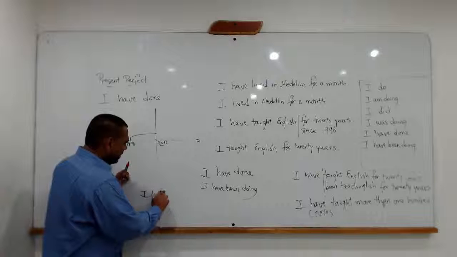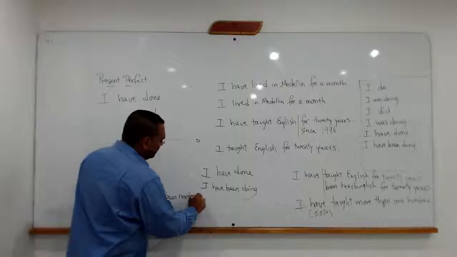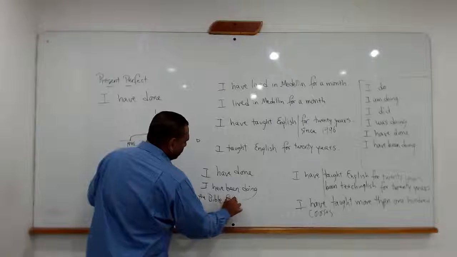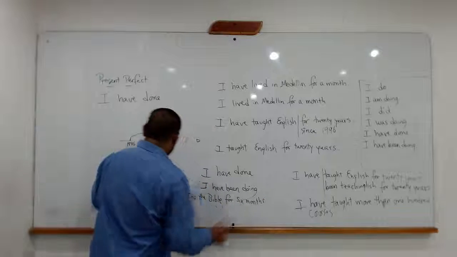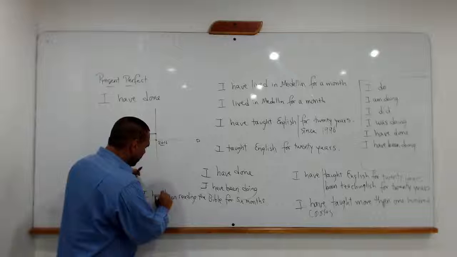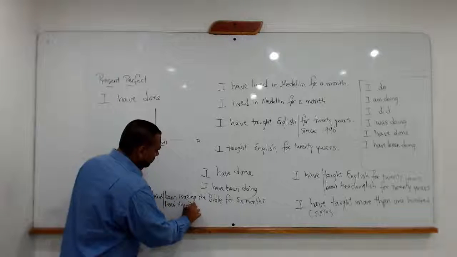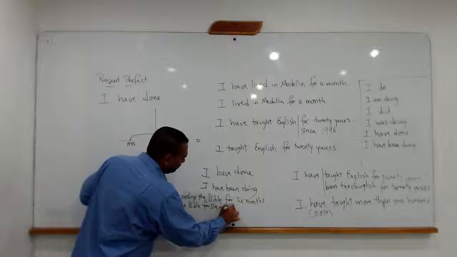I have been reading the Bible for 6 months. I have been reading the Bible for 6 months. Or we can also say, I have read the Bible for 6 months.